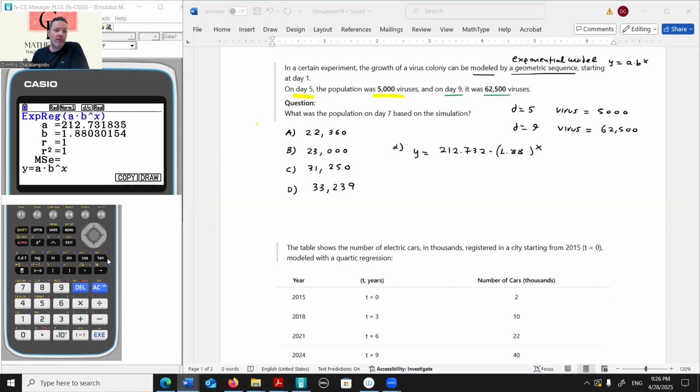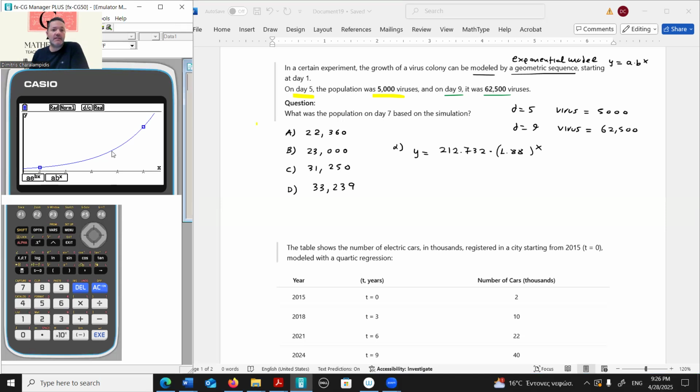We will click on draw. And the GDC just drew it for us. What do we need? We need the specific value when day is 7. So Shift, G-Solve, Y-Cal, x equals 7.